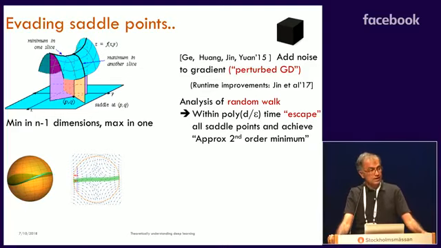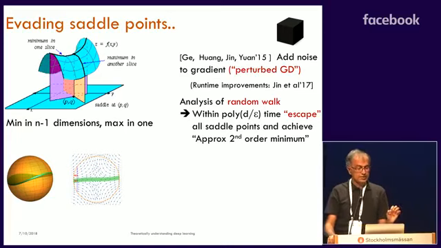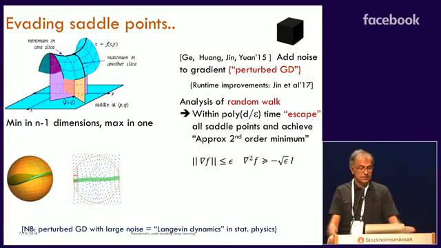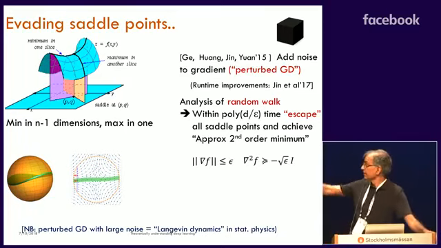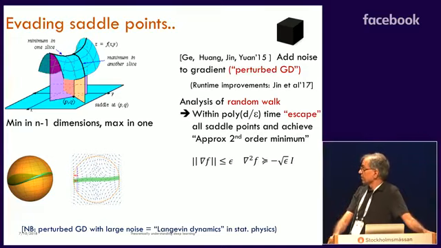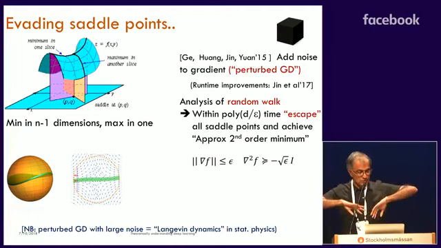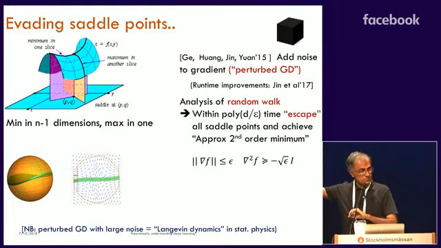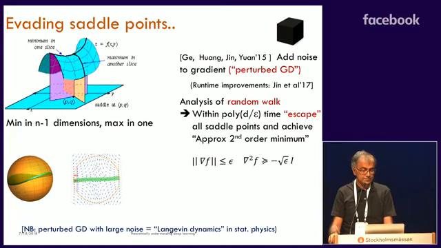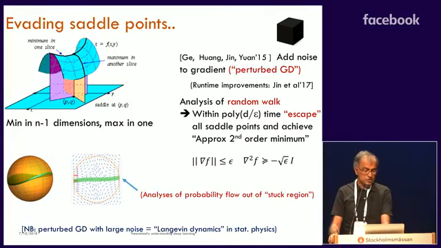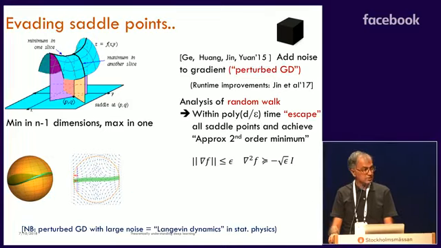They show that within time polynomial in d over epsilon, you can escape all saddle points and achieve what's called an approximate second-order minimum, namely where the norm of the gradient is less than epsilon, and the second derivative, the Hessian, is not quite positive semi-definite, which is what you need for the bottom of the valley, but it's almost positive semi-definite. So that's where you reach. That's a very nice result. It's a somewhat stronger solution concept than just a critical point.